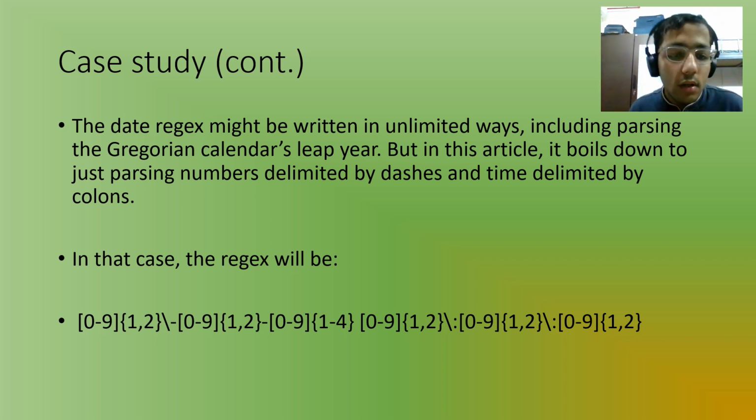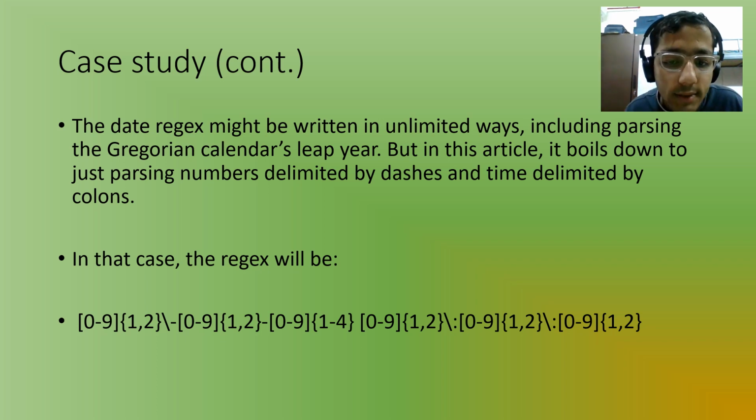Okay, so we'll start reading the regex from left. So this is bracket 0 dash 9, 1 comma 2. This 1 comma 2 represents the number of digits that are there in the date. Then after that it's the month followed by the year.